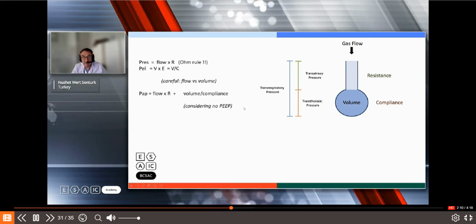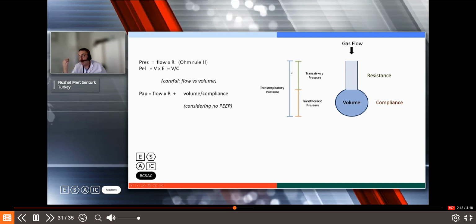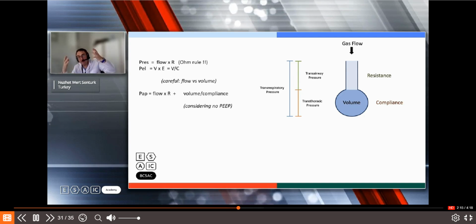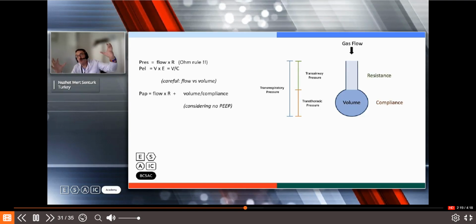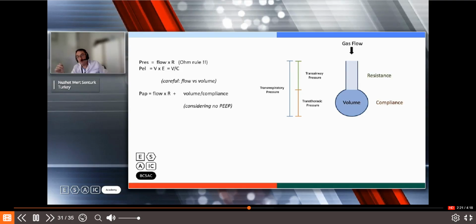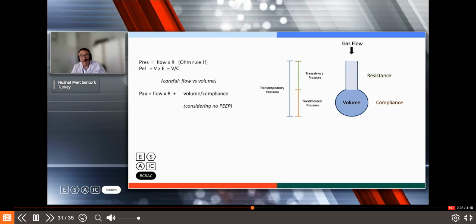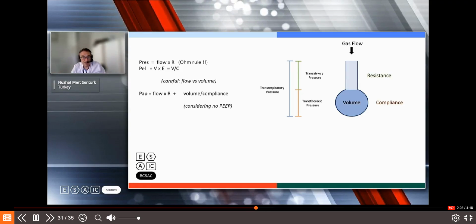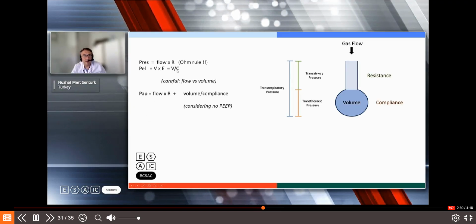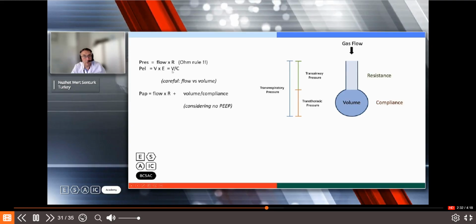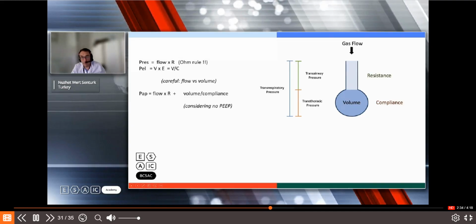And this makes the compliance. The compliance relates the volume to the pressure that we would need to create a volume within the alveoli. And therefore, the higher the compliance, the lower the pressure that we need. You can see here the pressure is equal to volume divided by compliance.